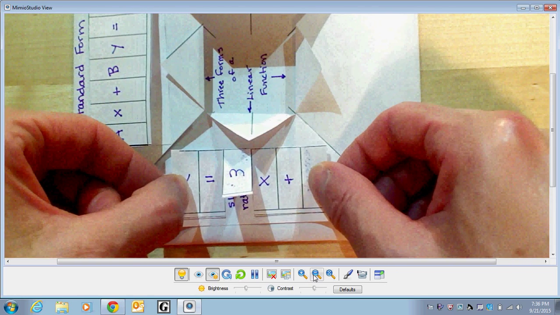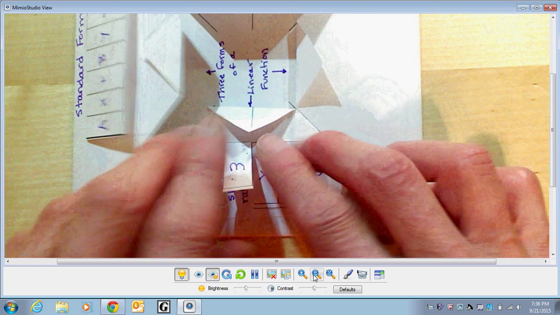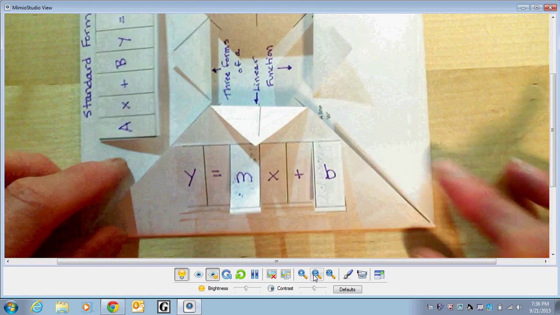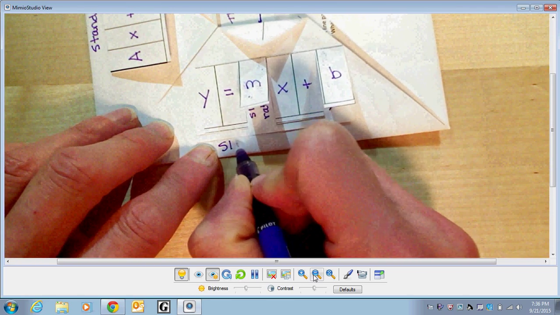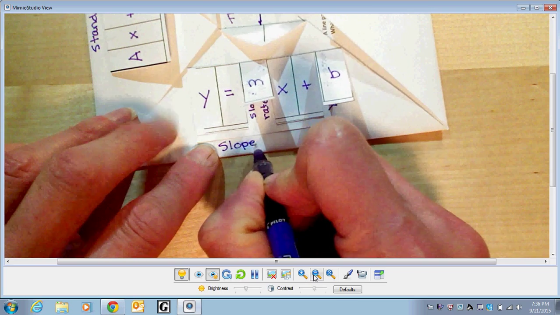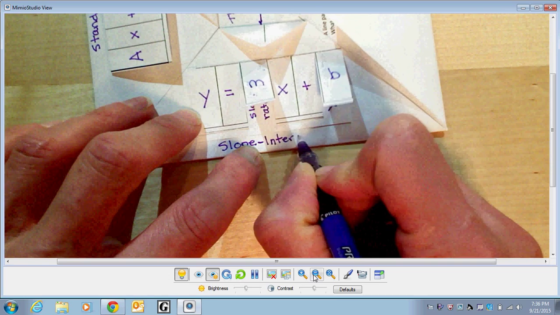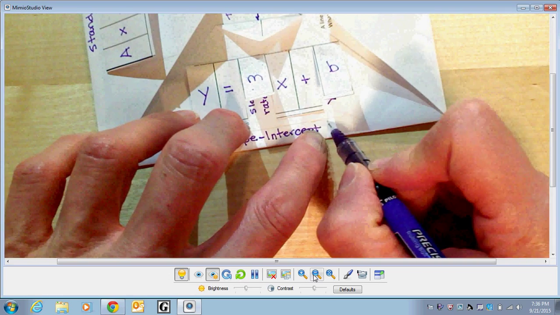I'm going to put that on there. And right underneath, I'm going to write slope intercept form.